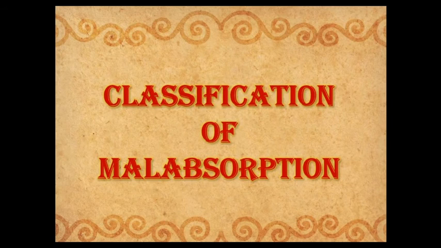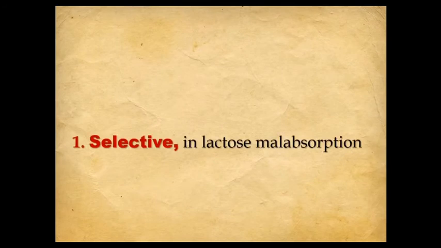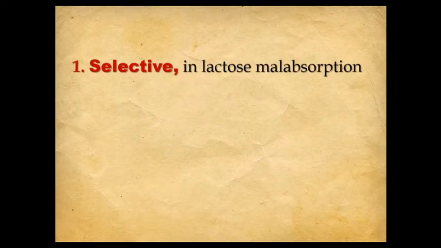Now the classification of the malabsorption. How can we classify the malabsorption? It is classified as selective, where just a part of the nutrient is malabsorbed, like in lactose malabsorption, while for the other nutrients, the carbohydrate itself or protein or fat, everything is okay.